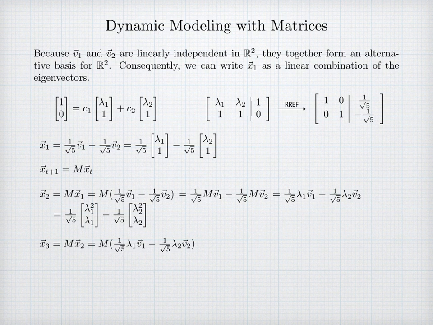x3 is the matrix M times x2. Again, substituting in my linear combination for x2. My matrix M distributes. The scalars, which now are both the 1 over square root of 5 and the lambda value, factor out. So I have 1 over square root of 5 lambda 1, the scalar, times Mv1, minus 1 over square root of 5 lambda 2, the scalar again, times Mv2.